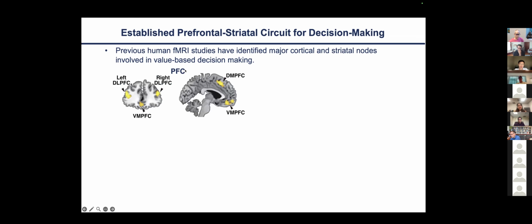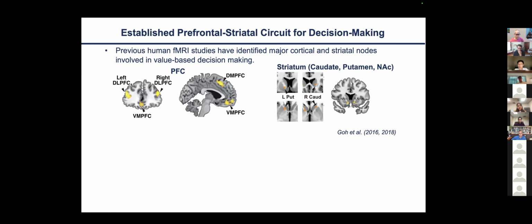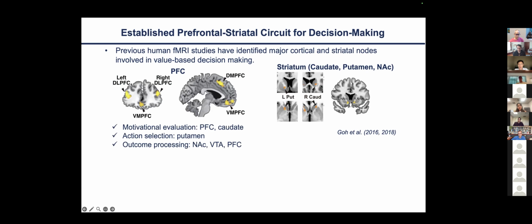In prefrontal cortex, ventral prefrontal and DLPFC will be involved. And in the striatum, the caudate, putamen, and also nucleus accumbens are involved. Looking at the different nodes by stage: in the motivational evaluation, prefrontal cortex and caudate are involved.